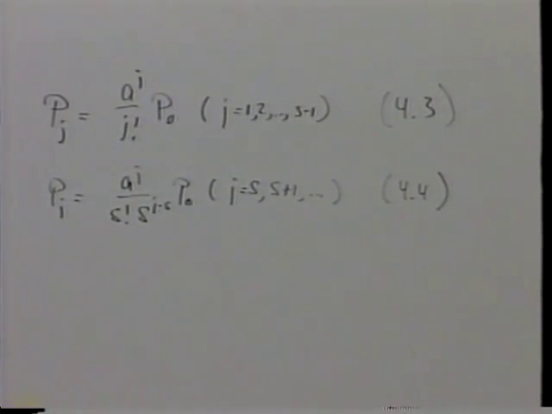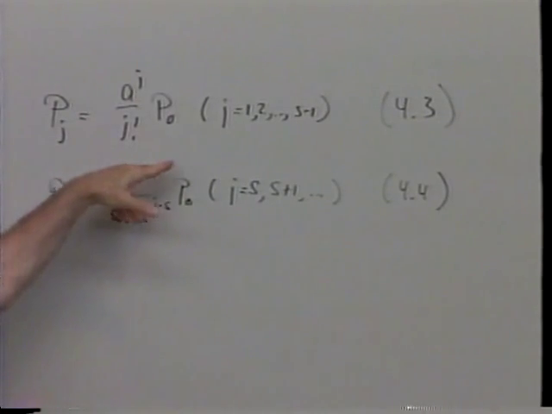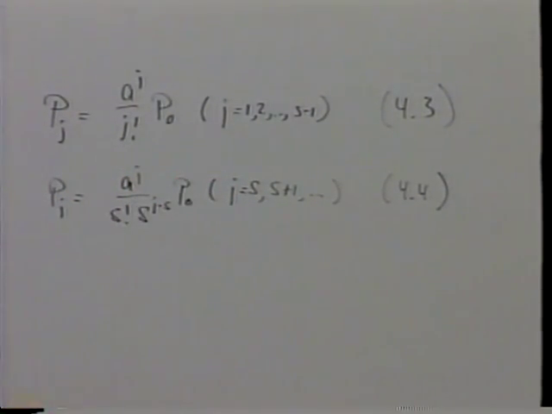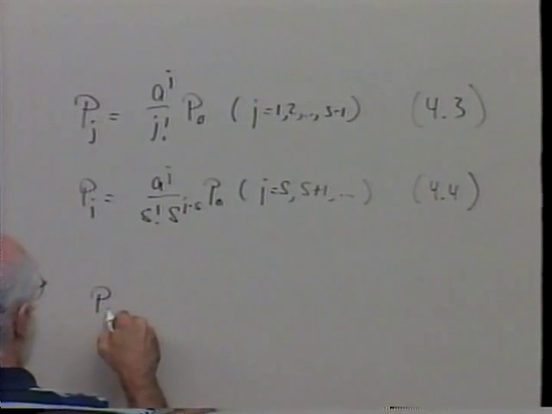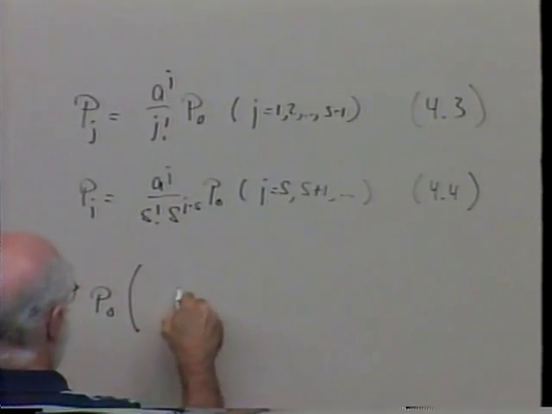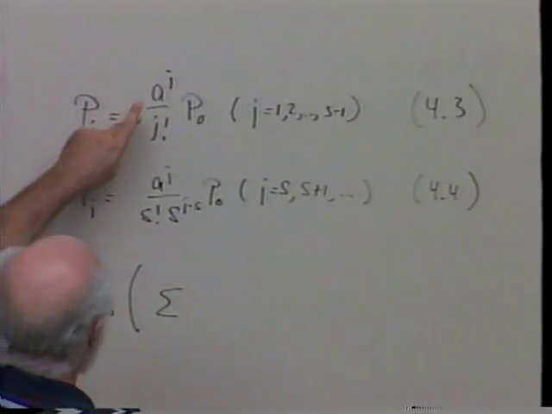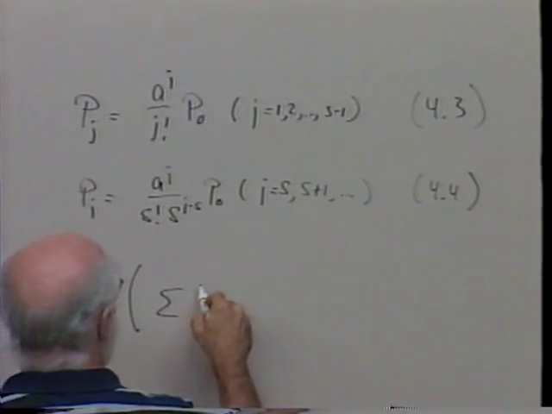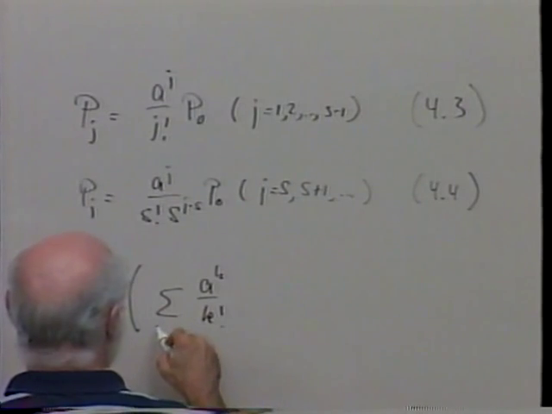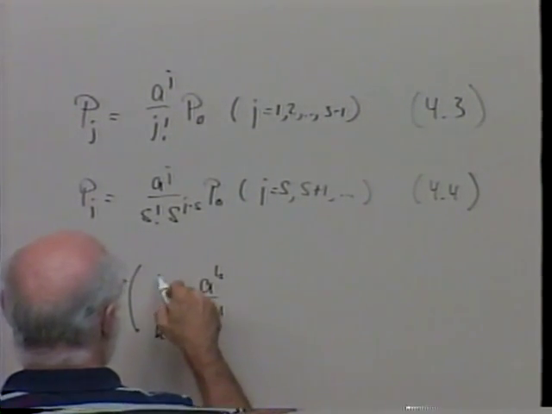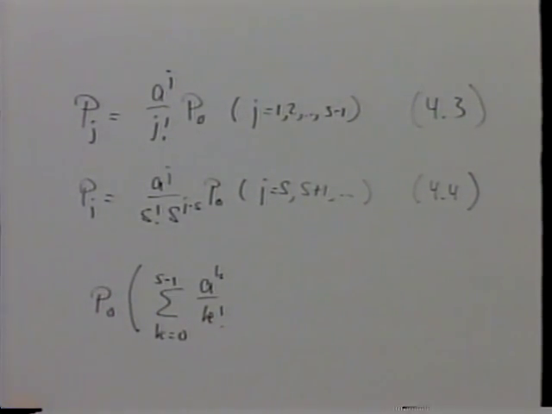This is just algebra. Now, the next question is, how do I find P0? Previously, the way I found P0 was I required all the probabilities to sum to 1. So the same thing will be true here. That means that I can write it like this. P0 times the sum. First we'll look at these terms here, and I'll write this as the sum of A to the k over k factorial as k runs from 0 to s minus 1.